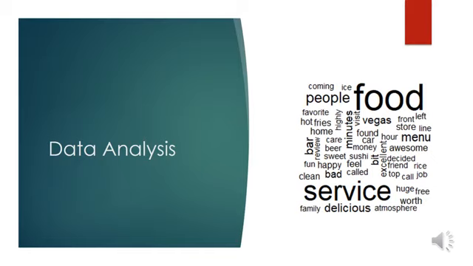So you would expect to see things like food and service, even delicious being a word that jumps right out at you. I totally get why these words are like this. And service is just a really important thing for not just restaurants, but also for any other type of business. You want them to have good service. So you expect to see these words a lot.